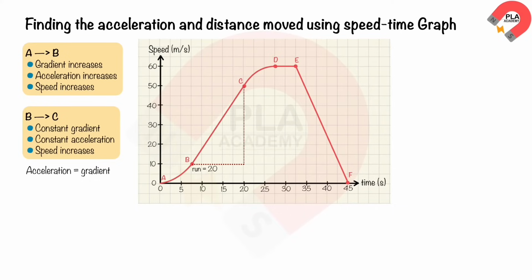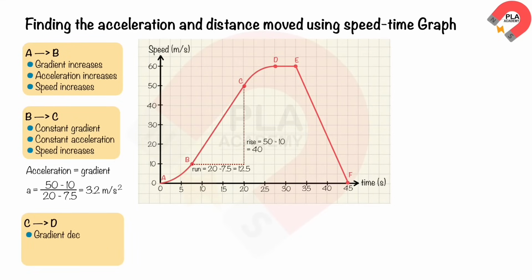Here is change in x, or run, is equal to 20 minus 7.5 is equal to 12.5. Here is change in y, or rise, is equal to 50 minus 10 is equal to 40. Since the acceleration is equal to 40 divided by 12.5 is equal to 3.2 meters per second squared.